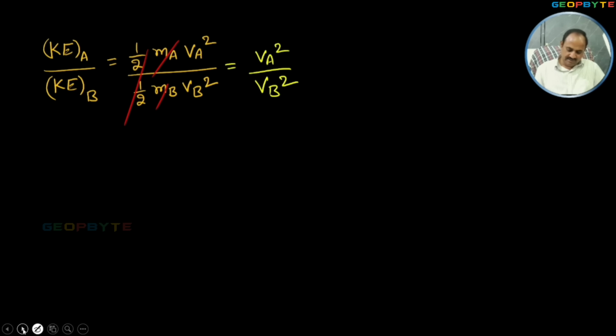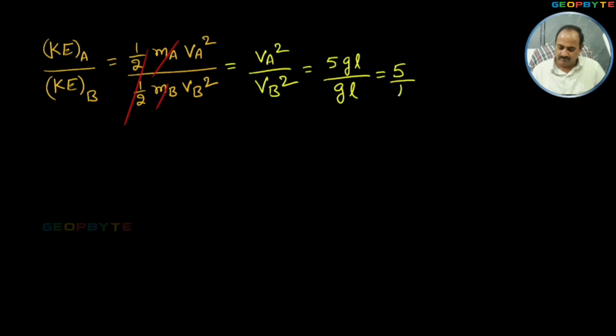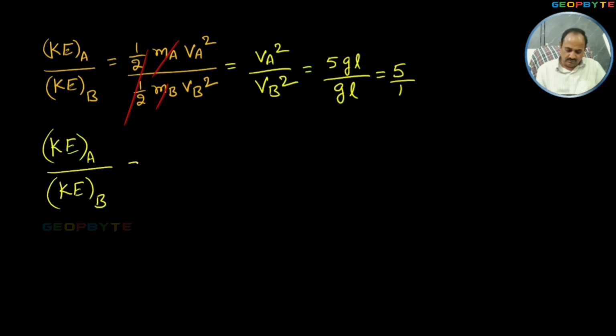So 5GL by GL, finally it is equal to 5 by 1. Therefore, kinetic energy at A divided by the kinetic energy at B is equal to 5 by 1.